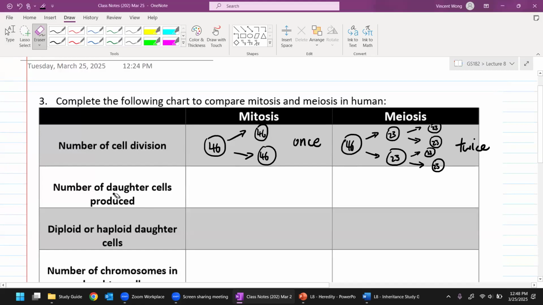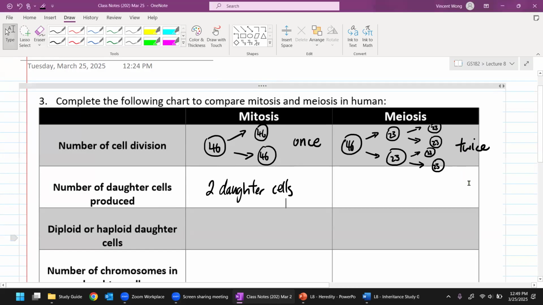Okay. Number of daughter cells. How many daughter cells do we get from mitosis? Take a look here. 2, right? 2 daughter cells. That's right.